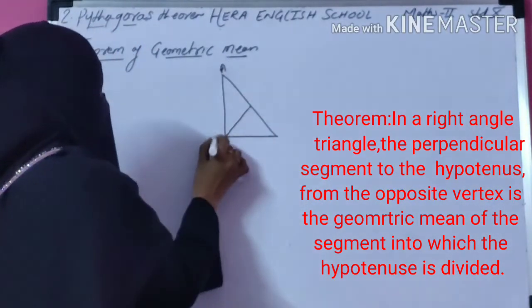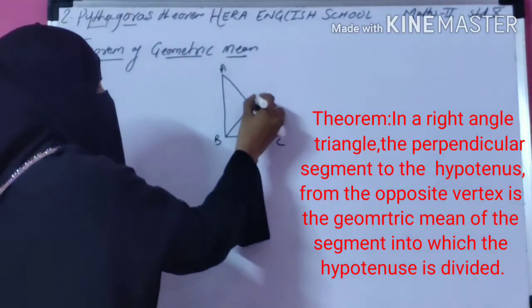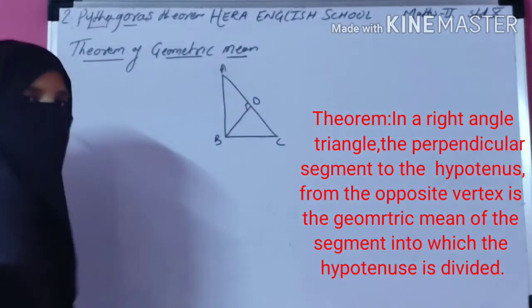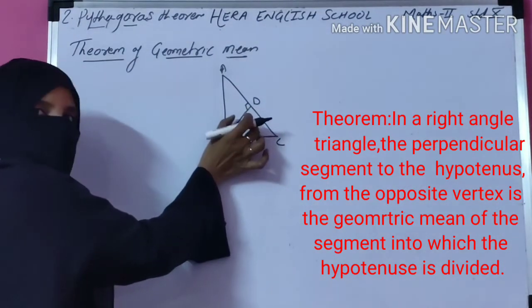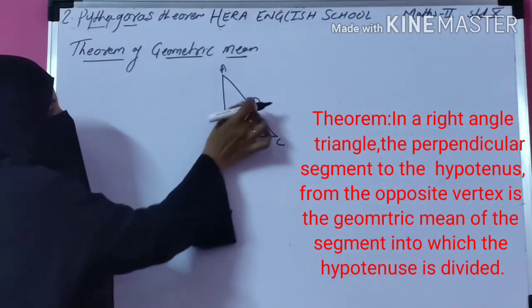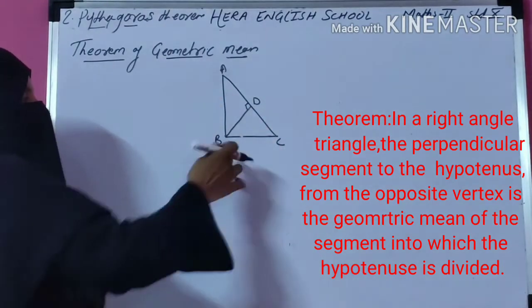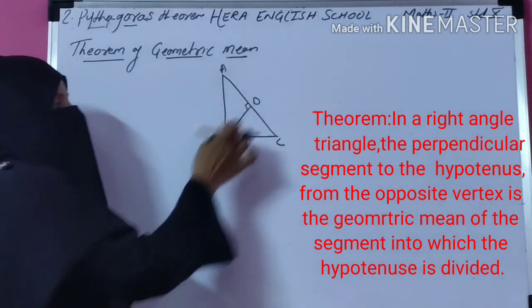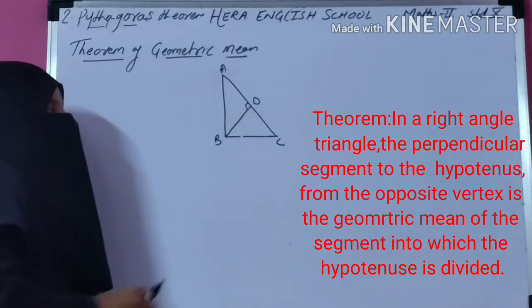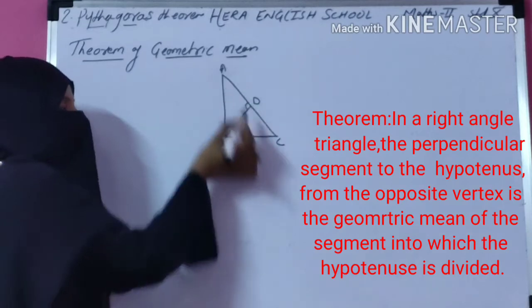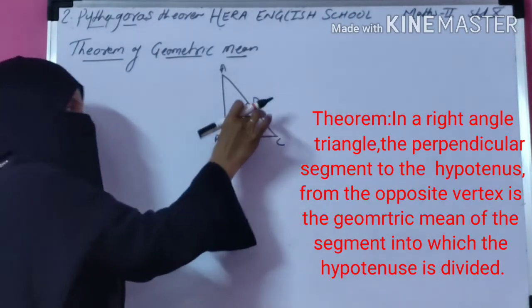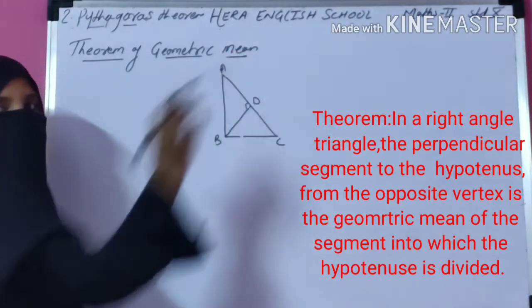So ABC is your right angle triangle, BD is perpendicular on the hypotenuse. This altitude that we draw on the hypotenuse is the geometric mean of the segments into which the hypotenuse is divided.